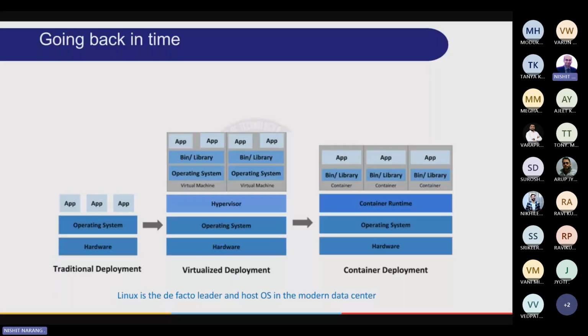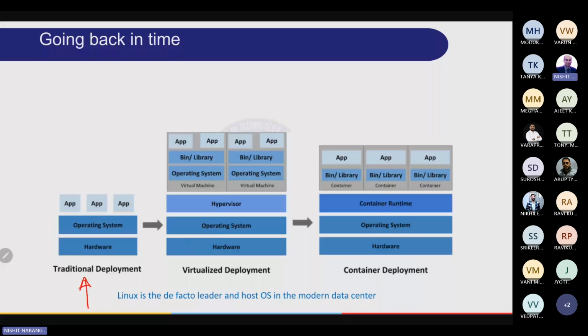If we look at how the deployment of applications has evolved over a period of time, especially from the perspective of data centers, that's where our focus is. Traditional data centers, when the virtualization concept wasn't even so much there, which largely were private enterprise data centers existing within large enterprises, followed a traditional model of deployment.